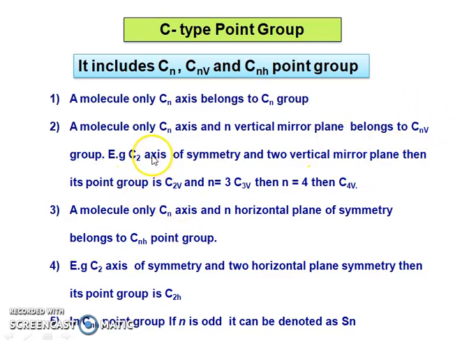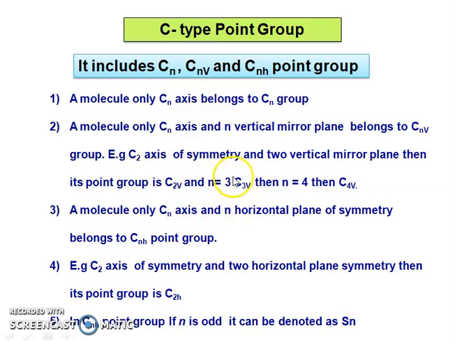For example, if a C2 axis of symmetry and two vertical mirror planes are present, then the point group is C2v, right? It has one axis and two mirror planes, the rotation about the axis is C2. Therefore, the point group is C2v.